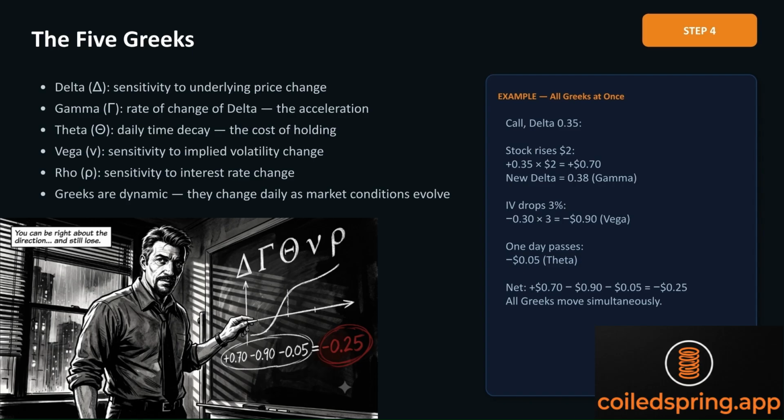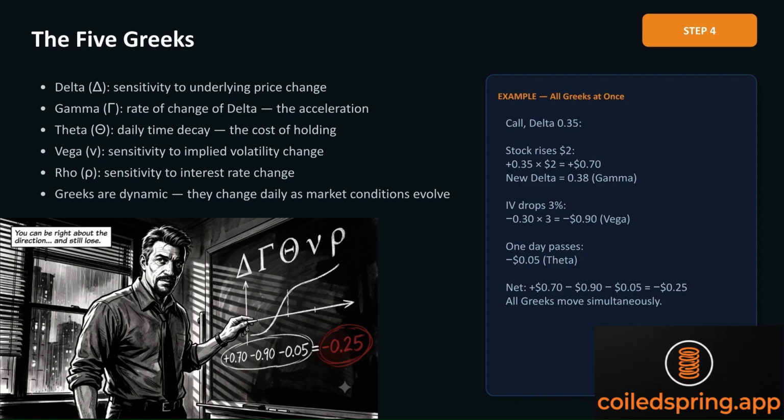A call with delta 0.35 gains 35 cents per share, $35 per contract, for every $1 the stock rises. A put has negative delta. It gains value when the stock falls. Delta is the most intuitive Greek. It tells you the directional exposure of your position. Think of it as, how much of a stock position does this option behave like right now?